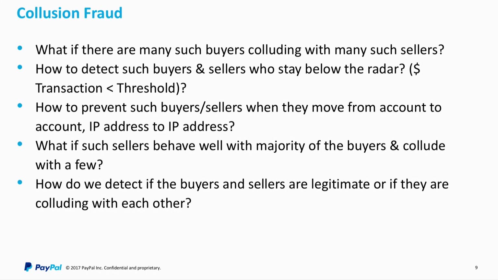That way, they're exploiting the payment infrastructure. Once we detect certain bad behavior, they could also create newer accounts and move from IP to IP and account to account to evade our protection system. How do we detect such buyers and sellers at scale?